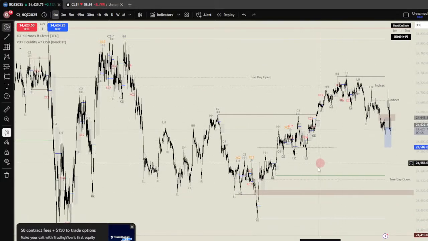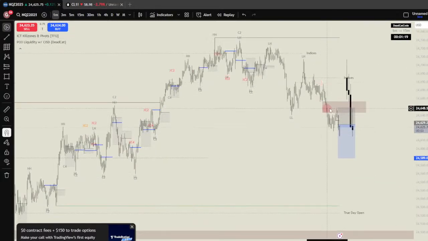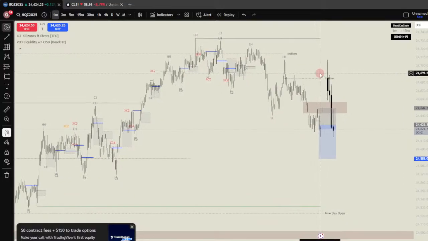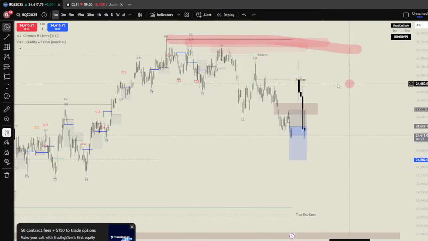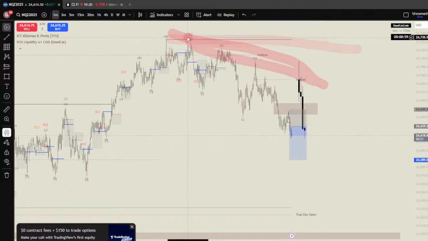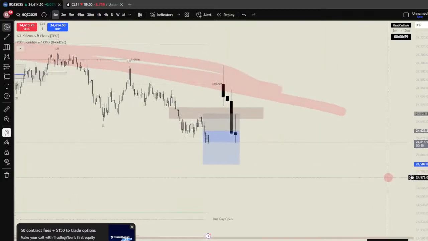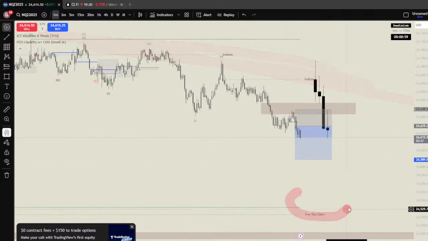That would make sense. So we all have the probability, we all have the opportunity, right, that there's all of these liquidity targets, right? Look at all of these stops that could be ran. This is going to be a great liquidity run to the upside right here. This should all be taken out, but I do think that we should tap into some potential true day open there. All right, that would be the most high probability.